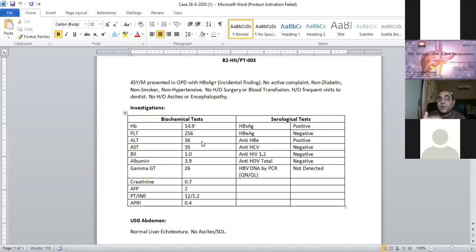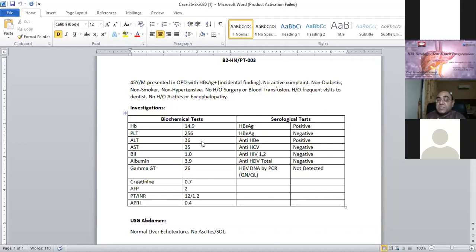Then furthermore, two main possibilities: either this is HBe antigen negative infection or HBe antigen negative hepatitis. In infection, ALT has to be normal and PCR has to be negative or less than 1,000 copies. What we see here, the ALT is normal and the PCR is negative.